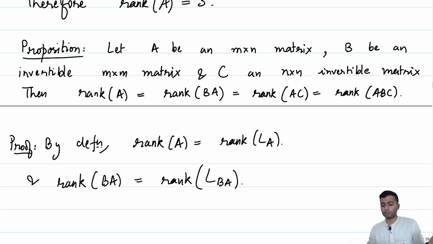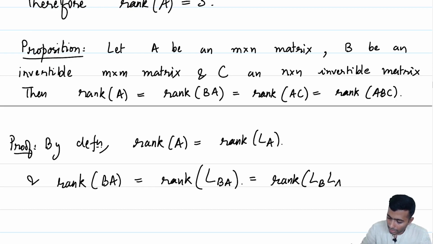But if you go back to the lectures two weeks back, we did discuss this and we noticed that L_{BA} is L_B times L_A. So this is nothing but the rank of L_B times L_A.